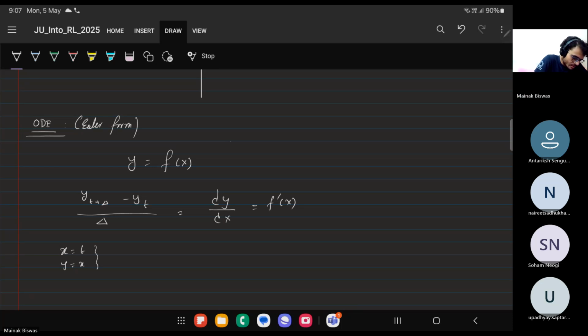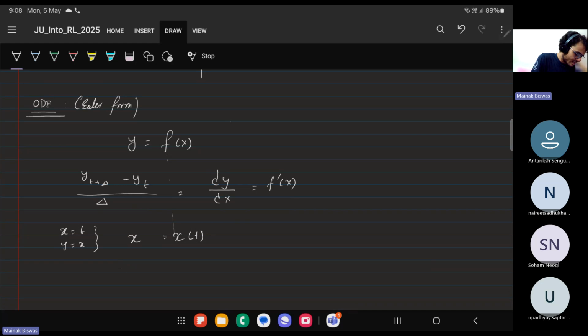So instead of this, I will overload this notation and write x is equal to x of t. So I can write the first derivative, dx/dt, as x(t+delta) minus x(t) by delta.